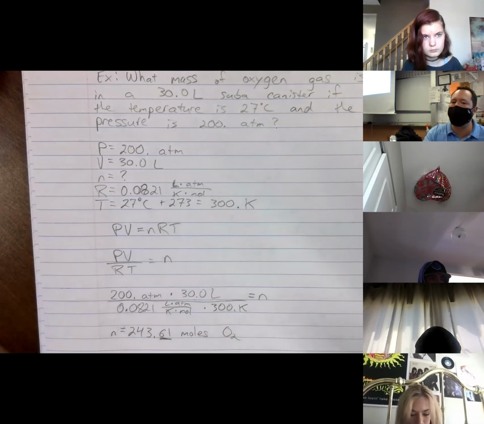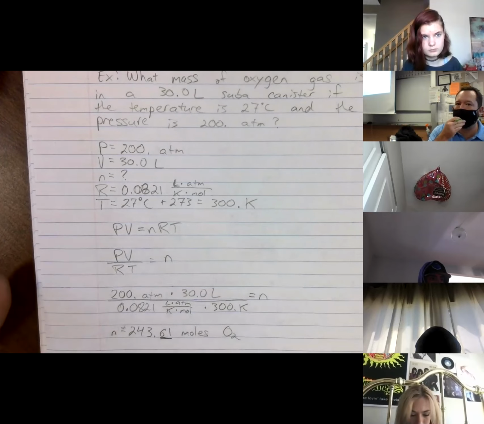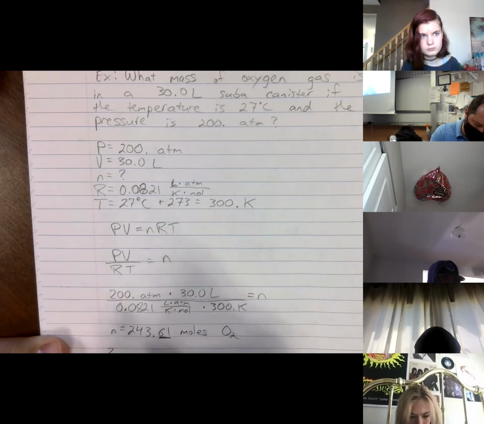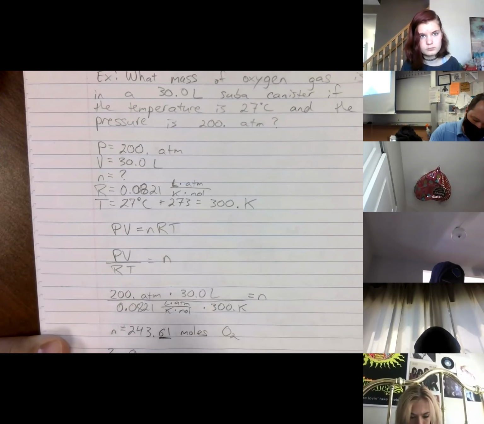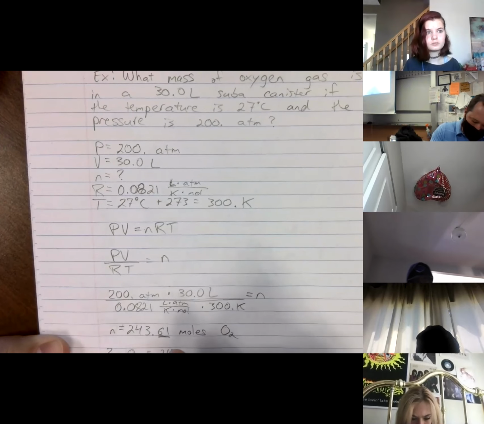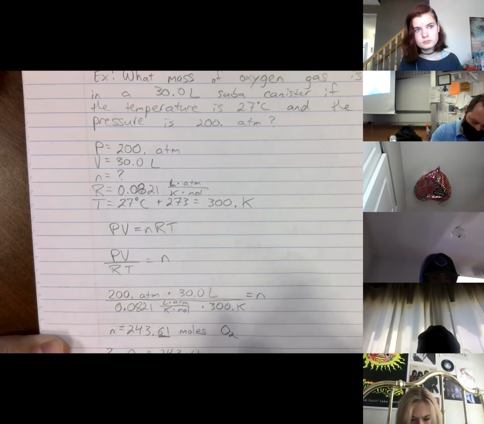Now we got to do what we have been doing for 10 chapters now. We need to go moles to mass. How much mass of O2 is in 243.61 moles of O2?